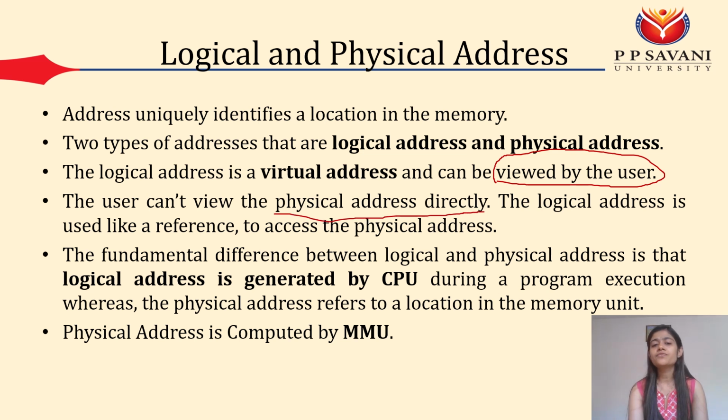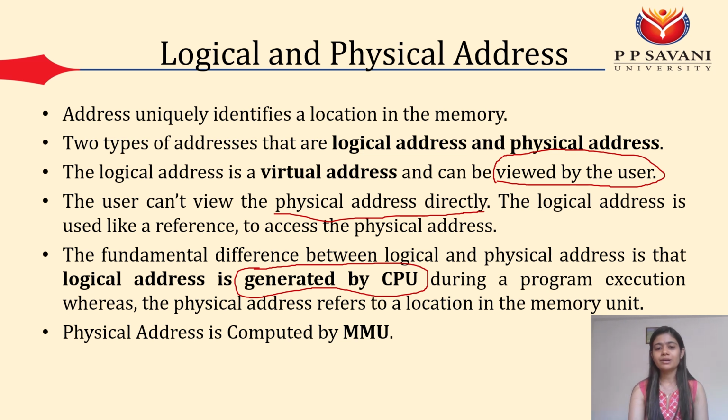The only address which is directly accessible by the user is the logical address, because the logical address is generated by the CPU. Whenever any process comes into execution, the CPU will generate a logical address.